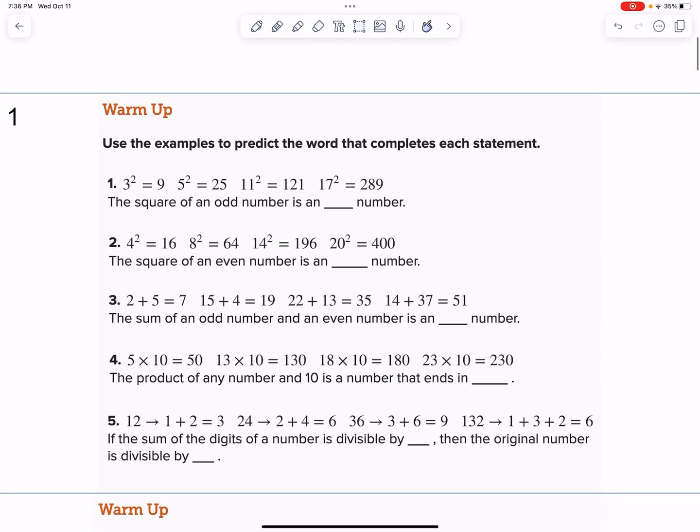In this warm-up, it's squaring some odd numbers, and it's asking, what generalization can you make about the square of an odd number? In number 1, for instance, the square of all these odd numbers is yet another odd number. So take a second to pause and try these, and then I'll slide down to the answers once you've had an opportunity to try.